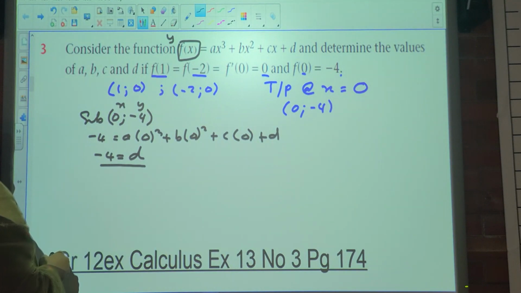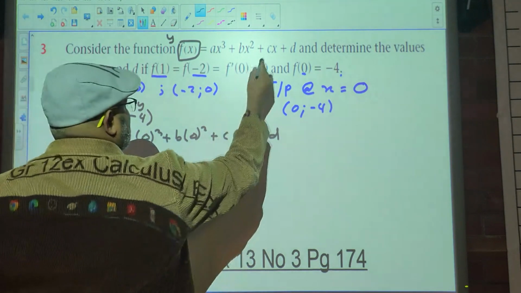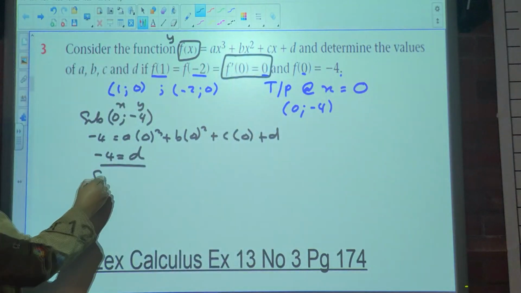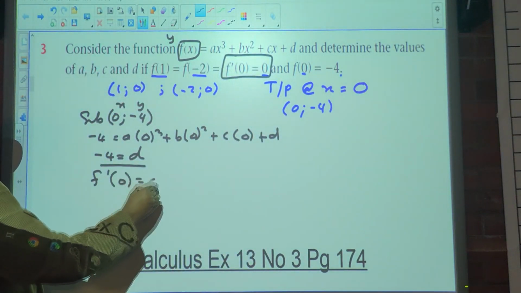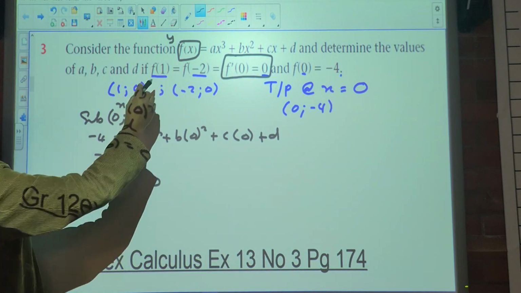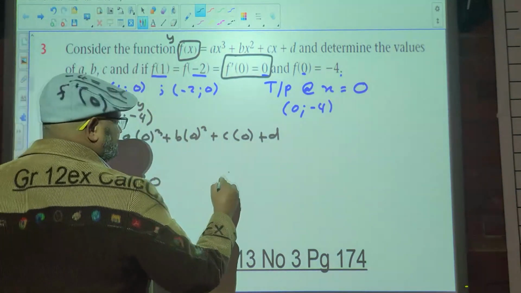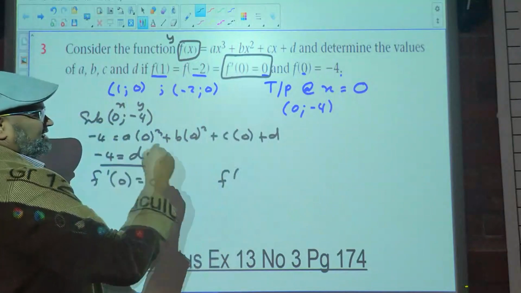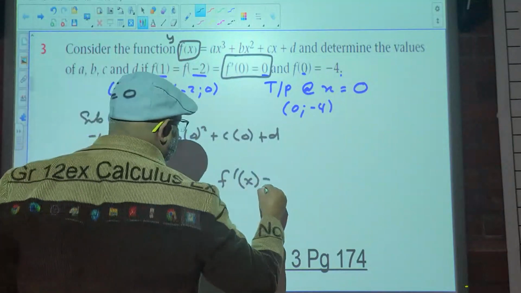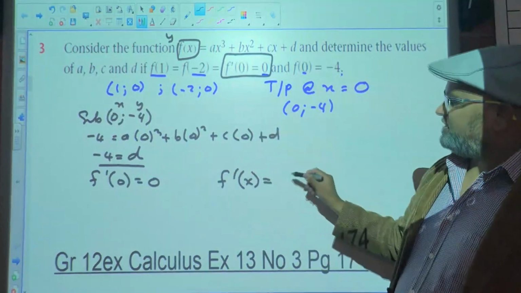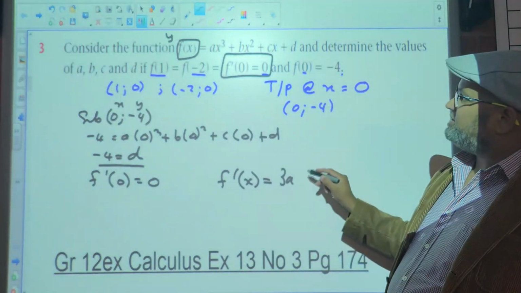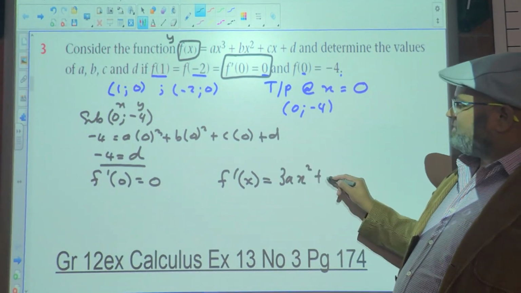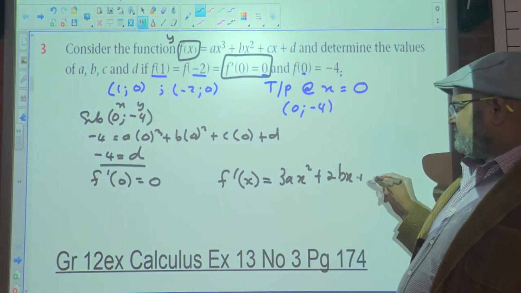Okay. Then I'm going to work with this first. So f prime 0 is 0. So if f of x is ax cubed plus bx squared plus cx plus d, then f prime x is equal to 3ax squared plus 2bx plus c.